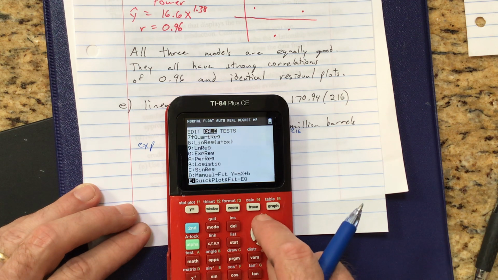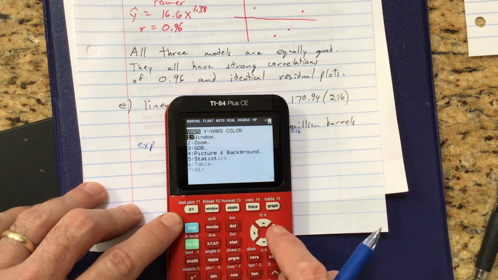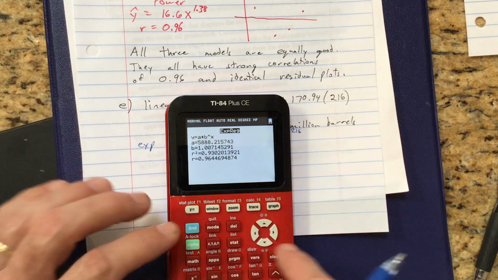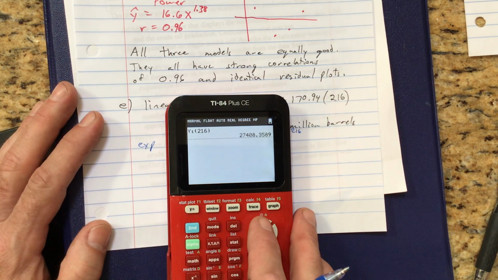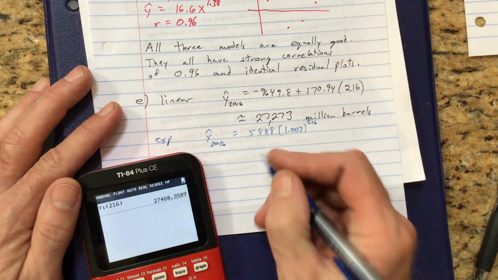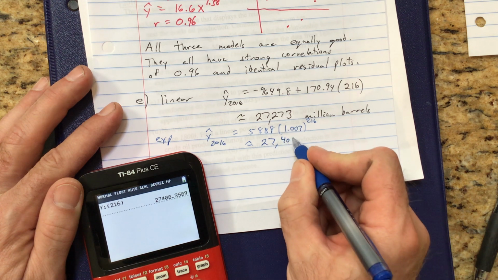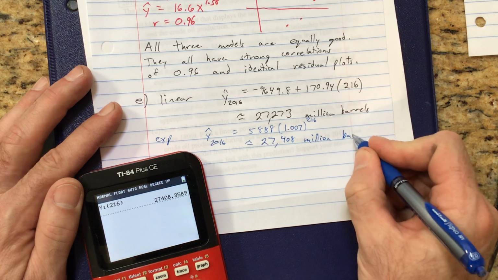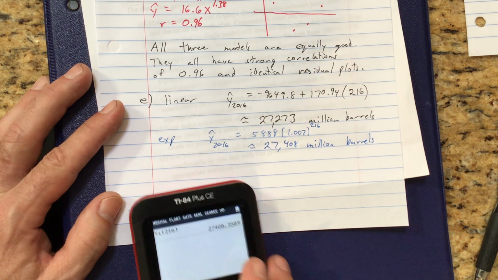I'm just going to recalculate it to be safe. Okay, store that. And calculate. And we get 27,408, so a little bit more, but not that different. And not surprising, the models were almost right on top of each other when we graphed them both, right?